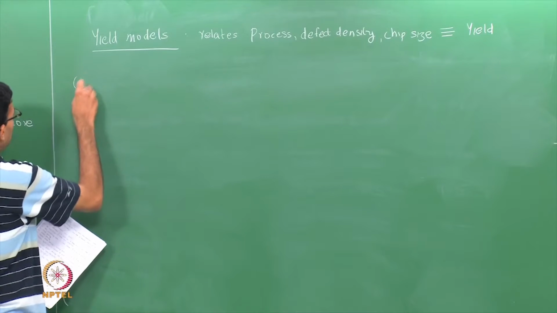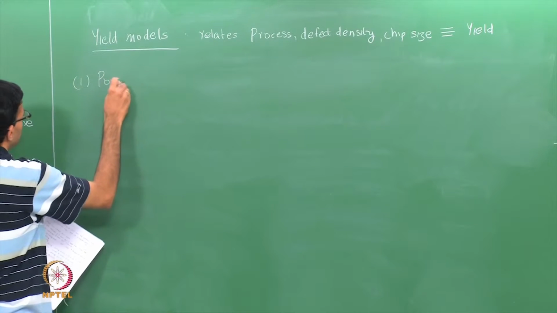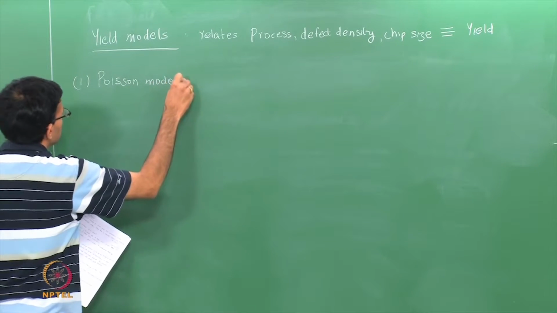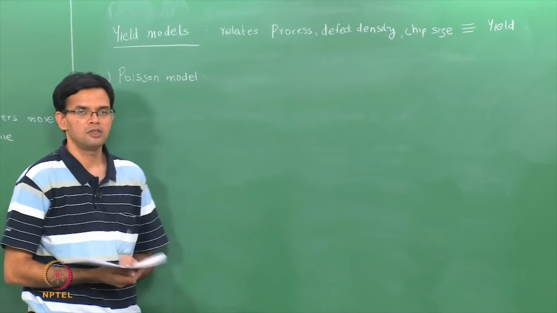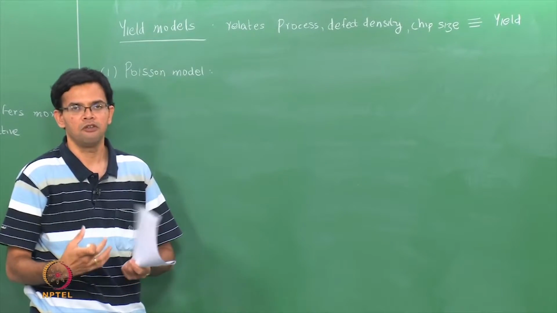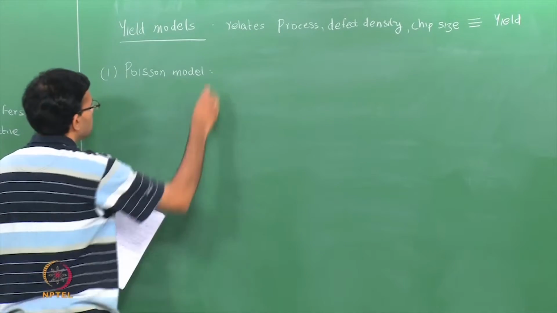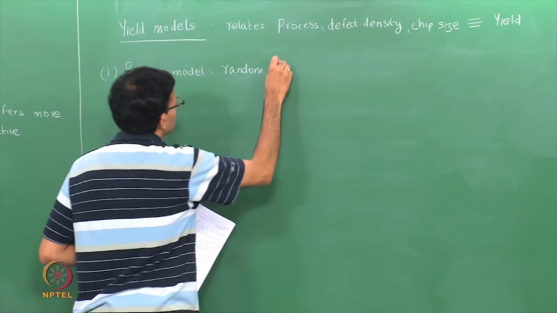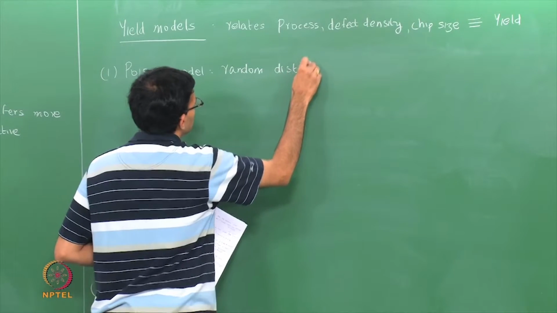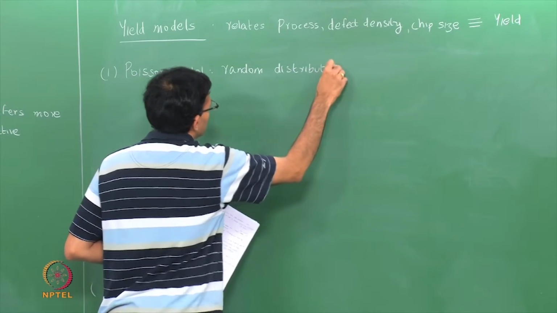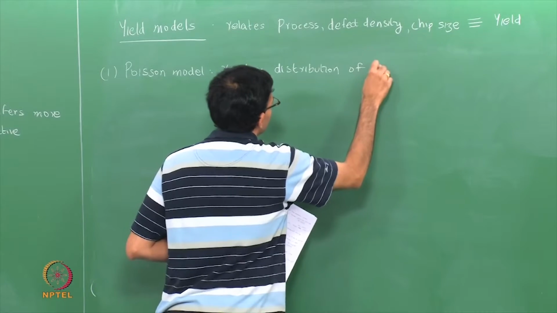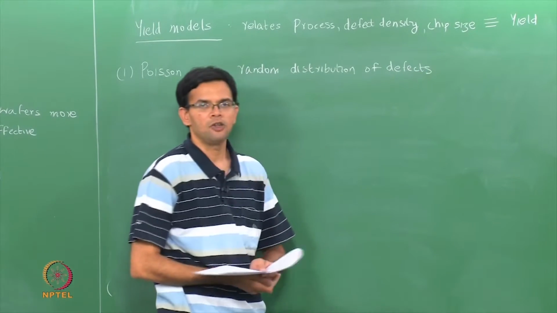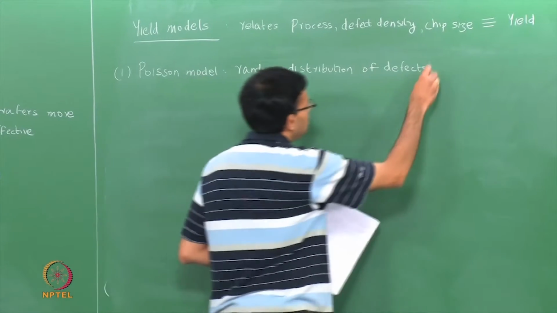The simplest yield model is a Poisson model. So, this assumes we have a random distribution of defects in the wafer. The defects we are talking about here are essentially the killer defects.